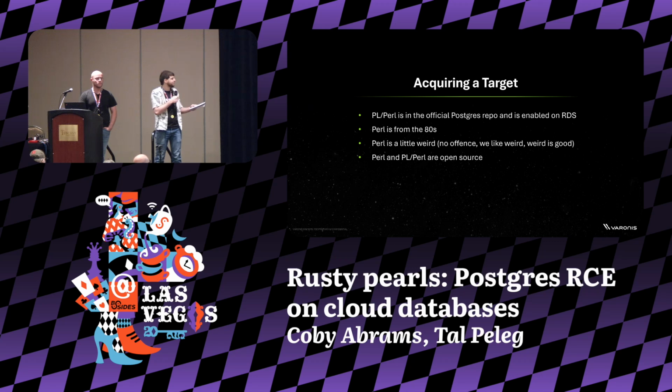So, extensions are a common area to look for vulnerabilities. And we chose Perl. We chose Perl because it's in the official Postgres repo, so it comes built in with lots of Postgres installations. And that means it'll be a bigger impact. It's from the 80s, so there's a lot of code written in Perl, and it's difficult to change all that code.